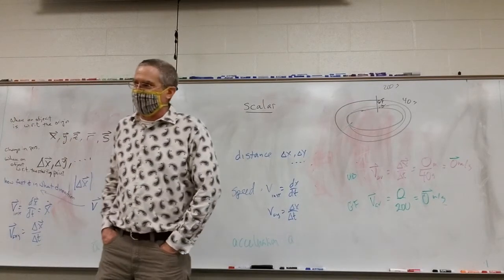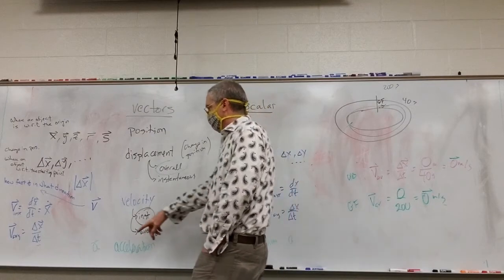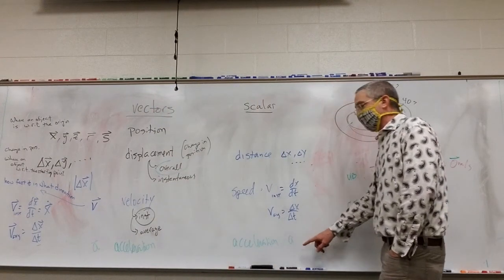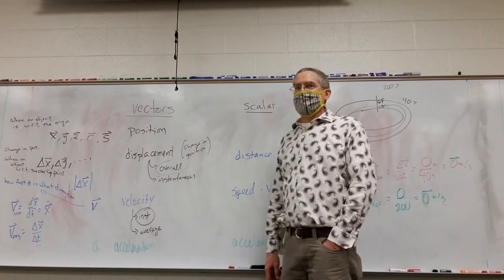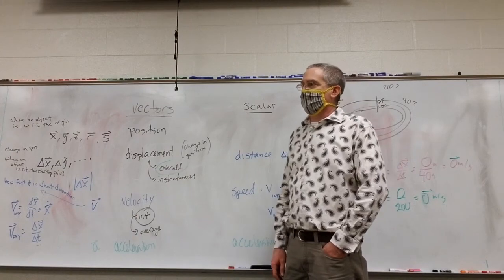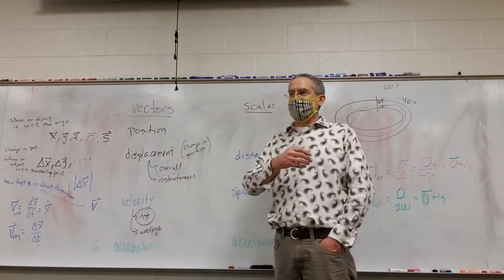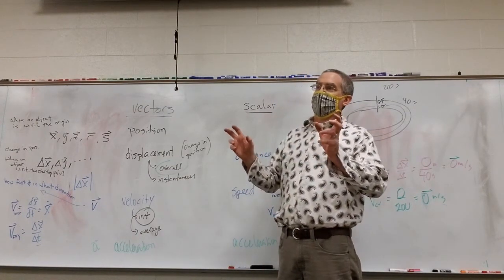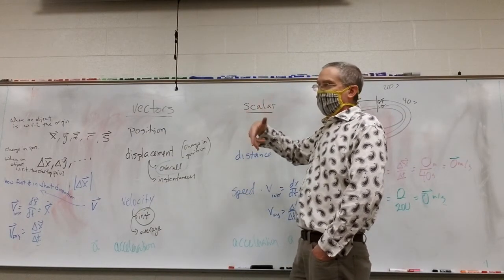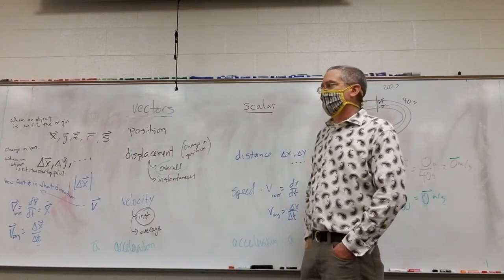On a quiz or test, I'm trying desperately to put, when I ask for acceleration, either the vector symbol or A without the vector symbol, just so it's clear. If I do not do that, because sometimes, you know what, I just forget sometimes. Especially on the older tests, I didn't do that at that point, and I just expected people to know which one I wanted.